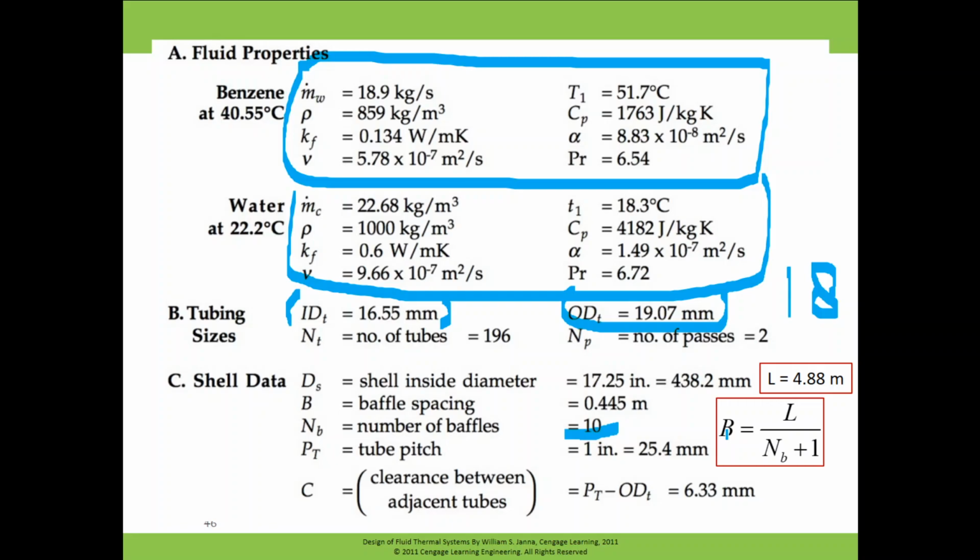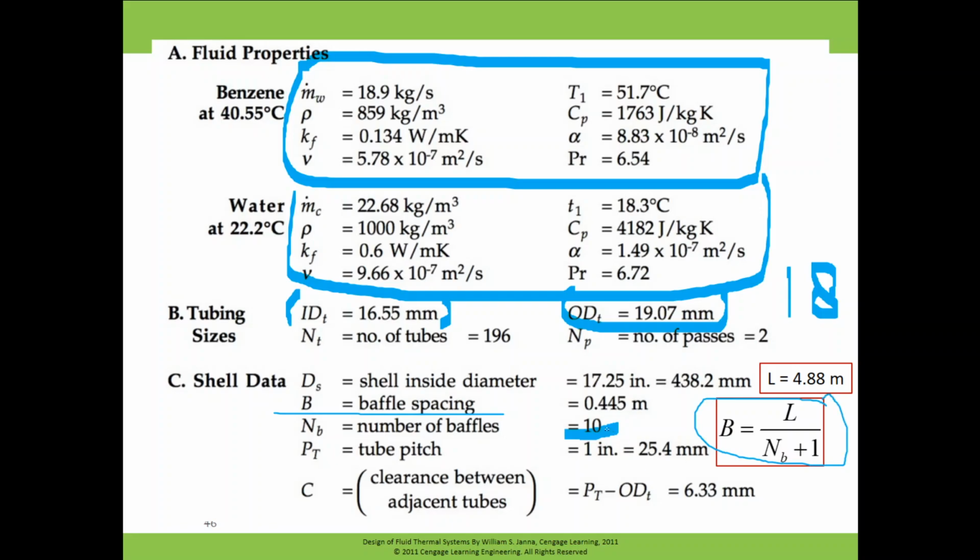The baffle spacing is equal to the length over the number of baffles plus 1. Here we know the inner diameter and the baffle spacing can be calculated using this expression.